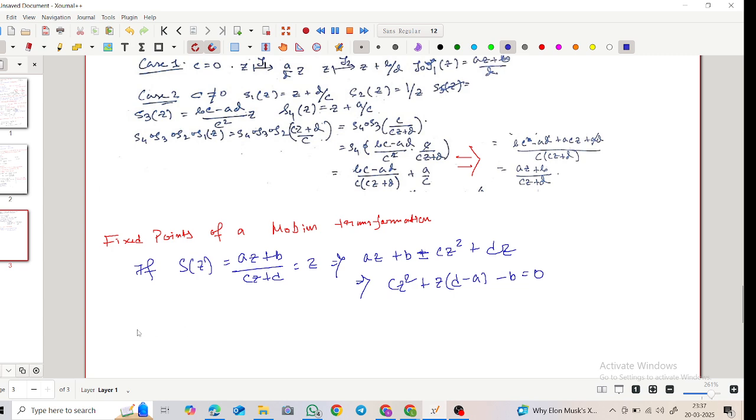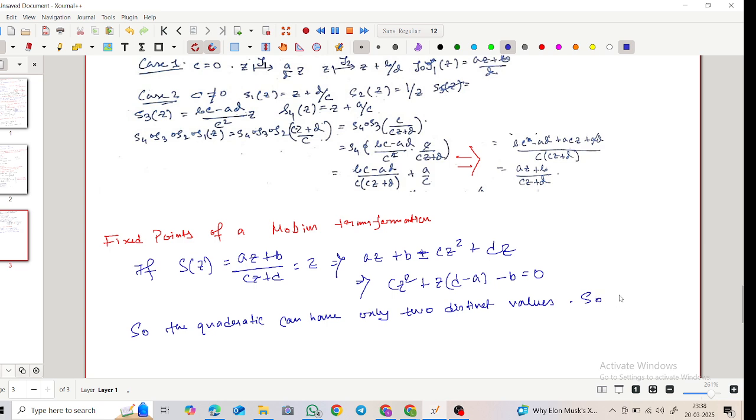Right. So the quadratic can have only two distinct values, right?